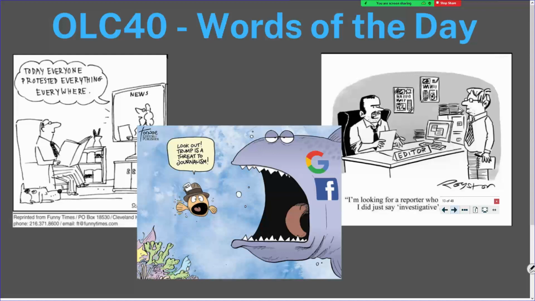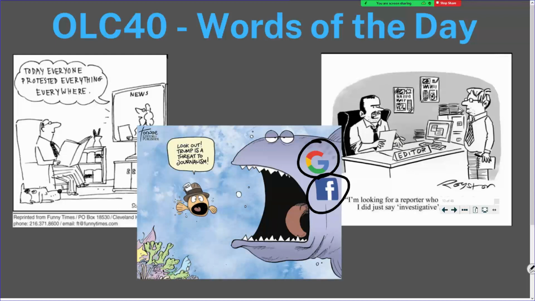Middle one, we've got a little fish, sort of looks like Nemo's dad or Nemo. It's even got the coral reef there. And he says, look out, Trump is a threat to journalism. And then, of course, we've got the big shark, and the big shark is emblematic of Google and Facebook. So this is another example of a political cartoon where someone is expressing an opinion, but it's sort of hidden behind a joke or a cartoon, right?